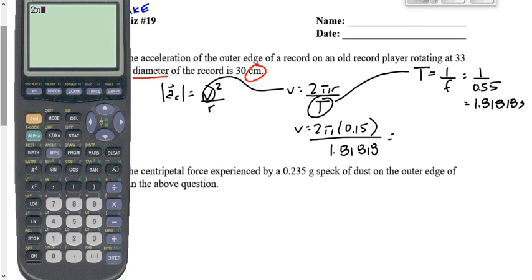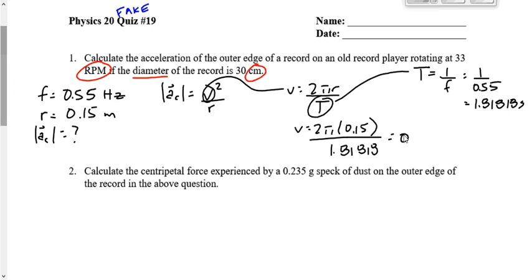Let's figure that out on the calculator here now. 2 times pi times 0.15 divided by 1.81818 is 0.5184. Which we're now going to sub into here: 0.5184, square it, and then divide it by r, 0.15.